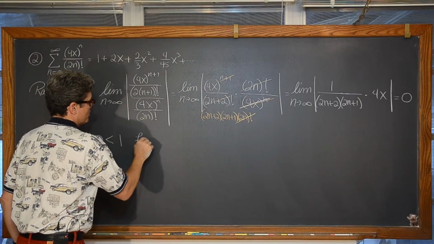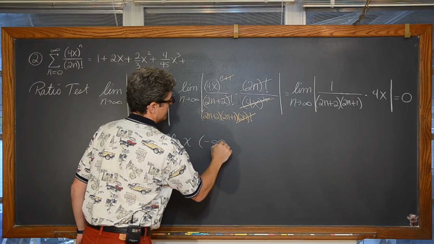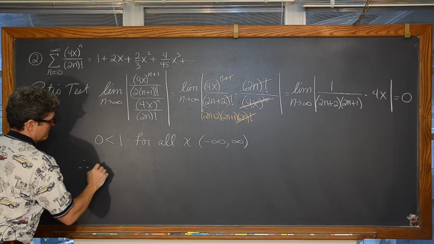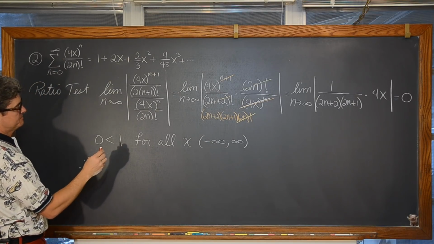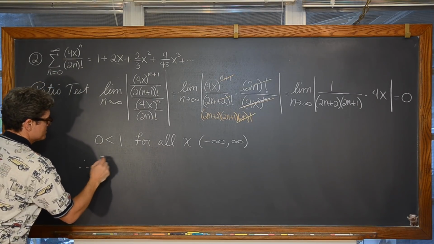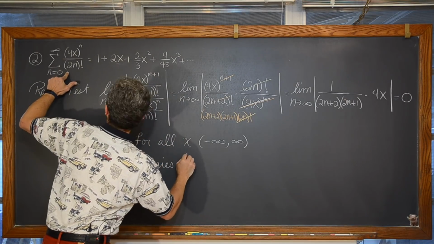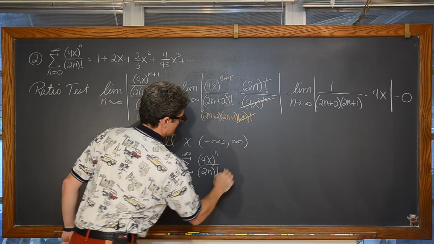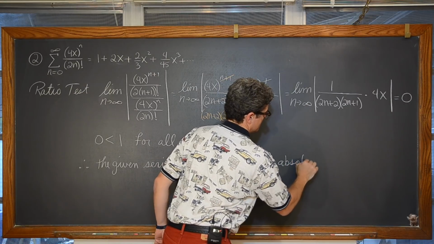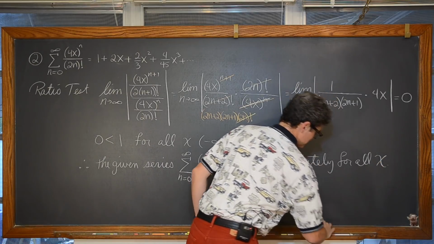So for all x on the interval from negative infinity to positive infinity, therefore, by the ratio test, the given series converges absolutely for all x. I'll be right back.